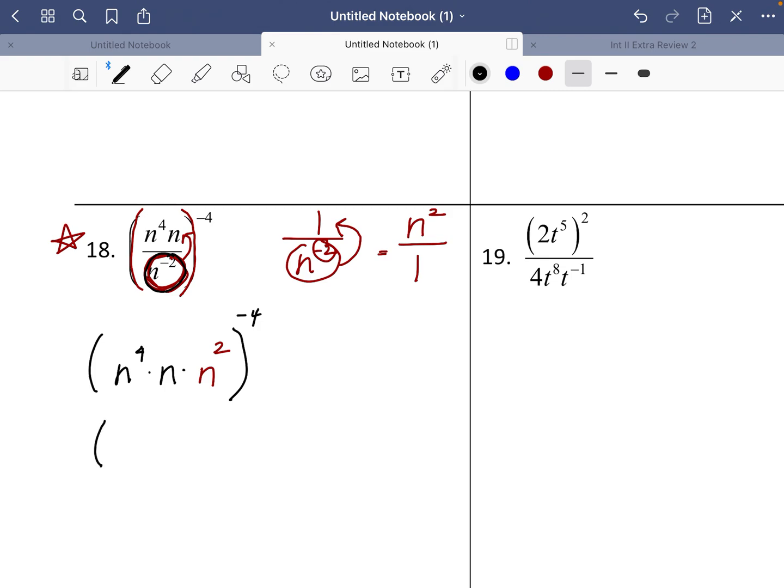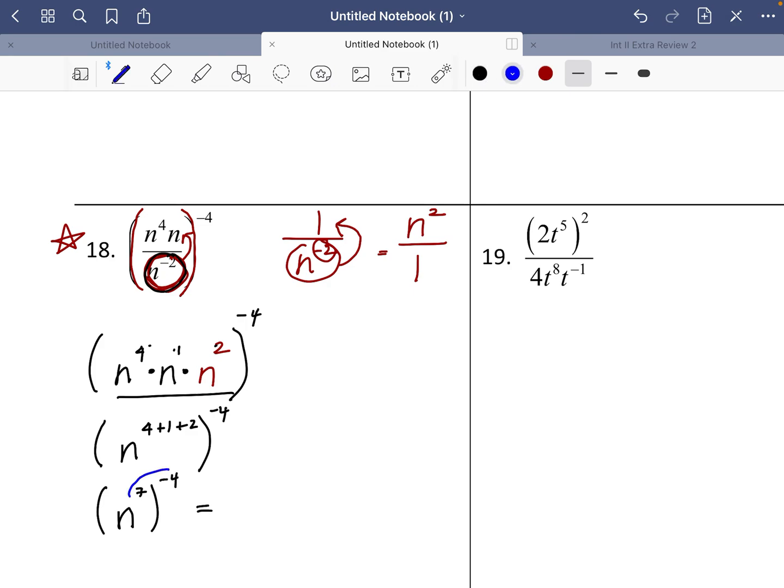So now, inside the absolute value, I can just multiply, means adding the exponents. So 4 plus 1 plus 2 raised to the power of negative 4. Still copying that because I'm only doing inside the parenthesis now. So that's n to the power of 7th raised to the power of negative 4.